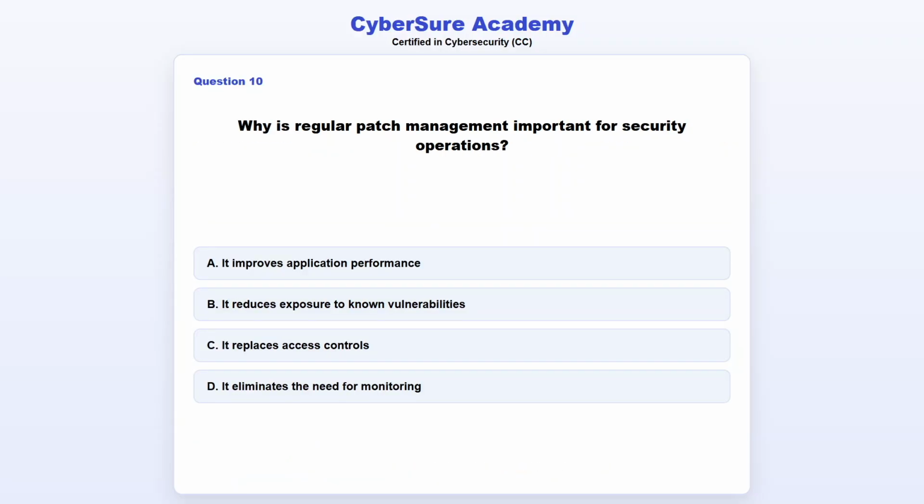Question 10. Why is regular patch management important for security operations? A. It improves application performance. B. It reduces exposure to known vulnerabilities. C. It replaces access controls. D. It eliminates the need for monitoring.